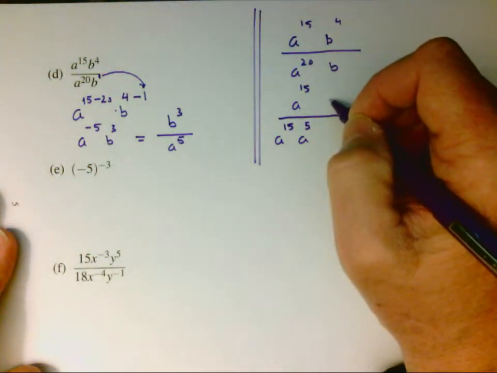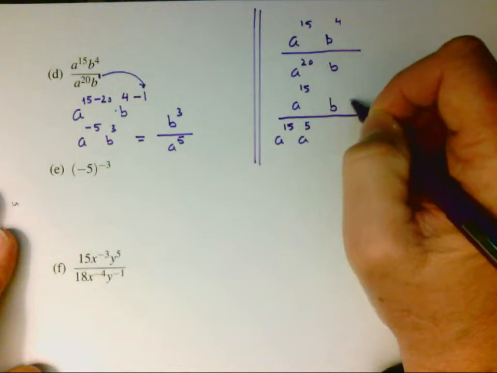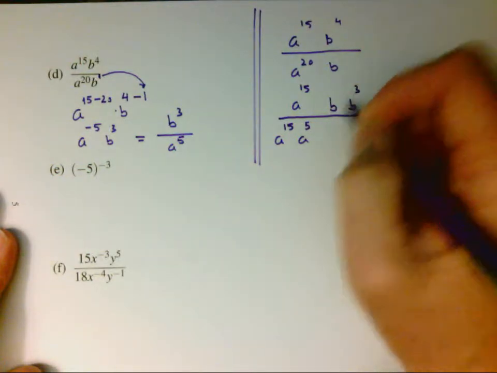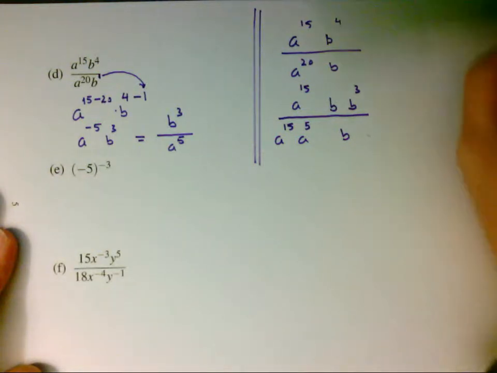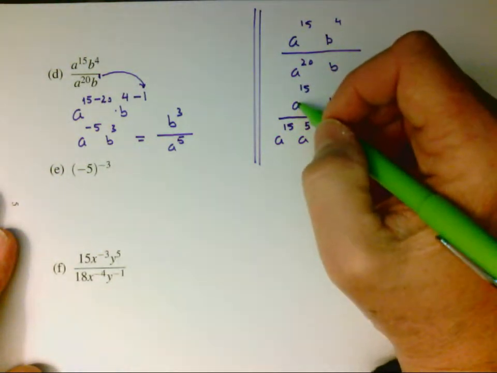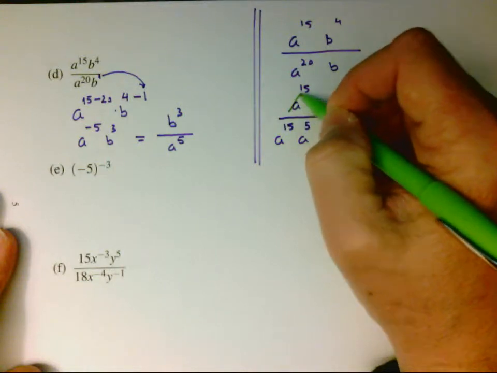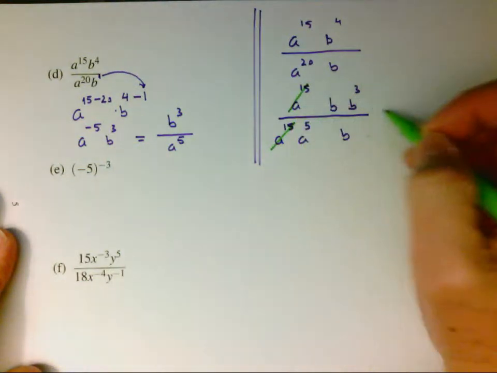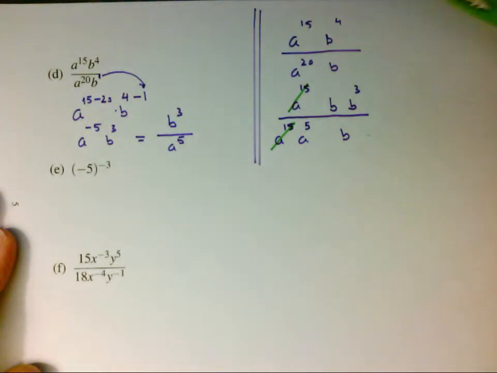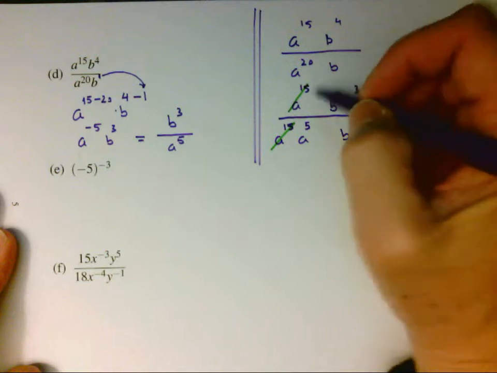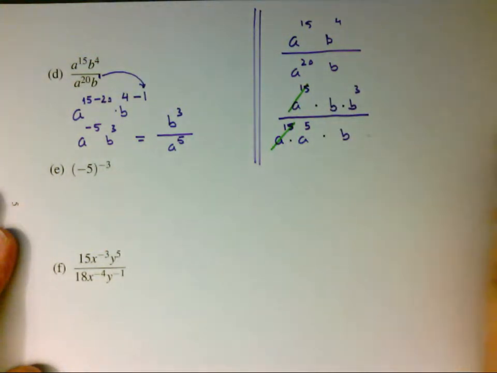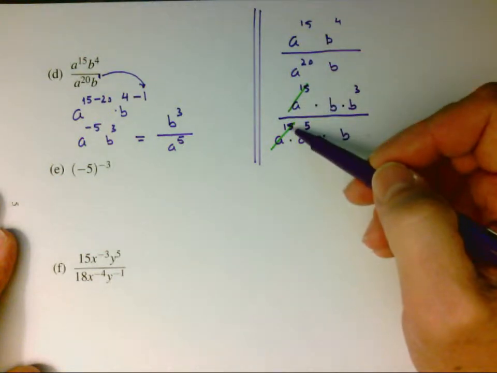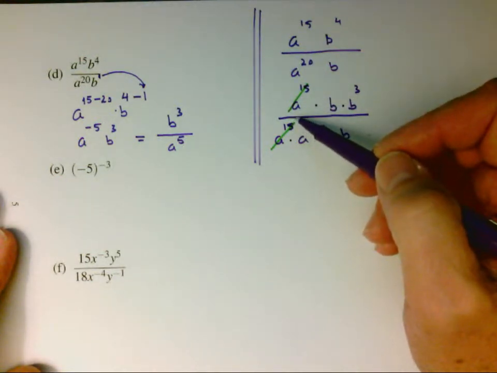Likewise, B to the 4 is really a B times a B cubed, all over top of a B. So notice that what's going to happen here is the A to the 15 divided by an A to the 15 makes a 1. We call that canceling, but really we're dividing factors. Remember, by bumping things together, everything is multiplied. So something divided by itself makes 1, and multiplying a fraction by 1 doesn't change it.